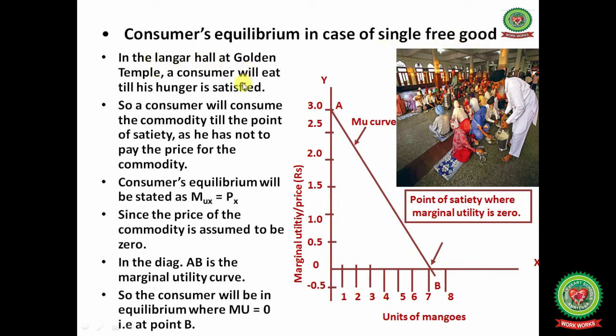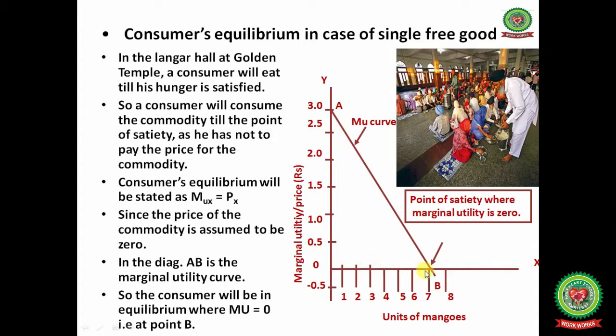Next is consumer's equilibrium in the case of a single free good. Like in a langar hall at the Golden Temple, a consumer will eat till his hunger is satisfied. So a consumer will consume the commodity till the point of satiety, as he does not have to pay the price for the commodity.